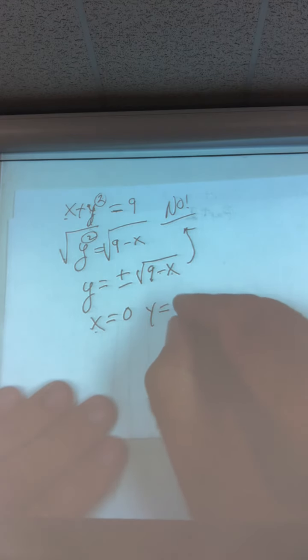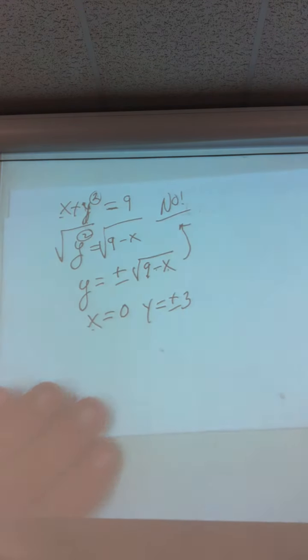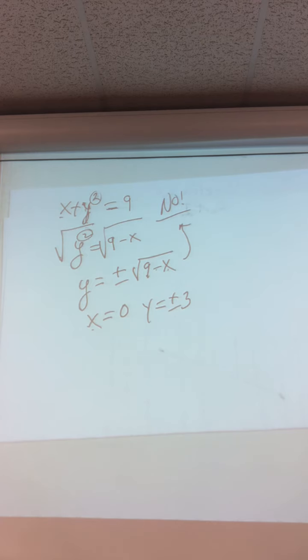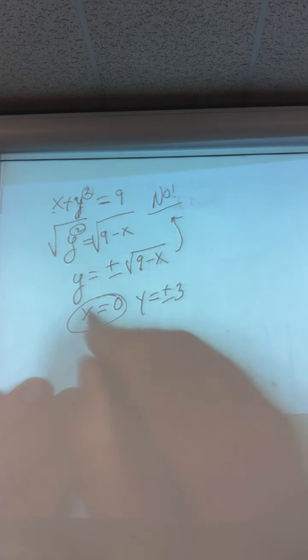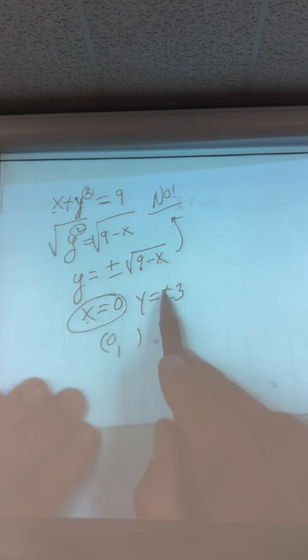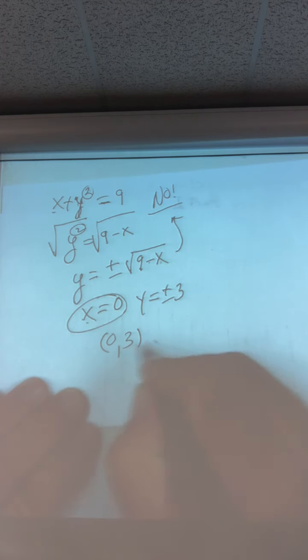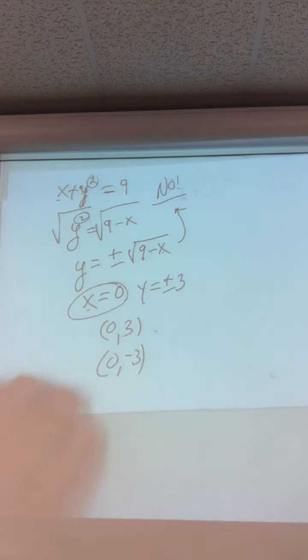So that means if x is 0, y is plus or minus 3. Here's what that means as ordered pairs: 0 is paired with the y value of 3, but it also means that 0 is paired with a y value of negative 3.